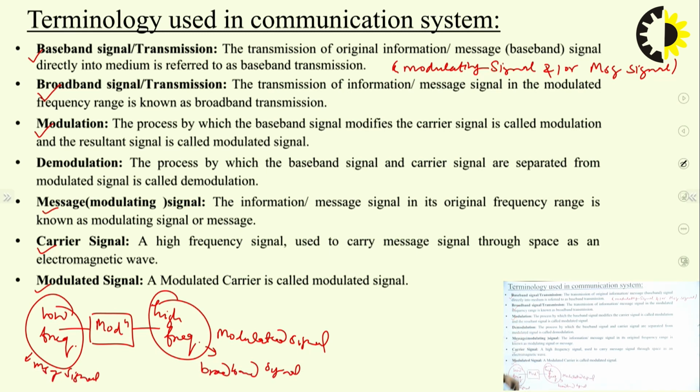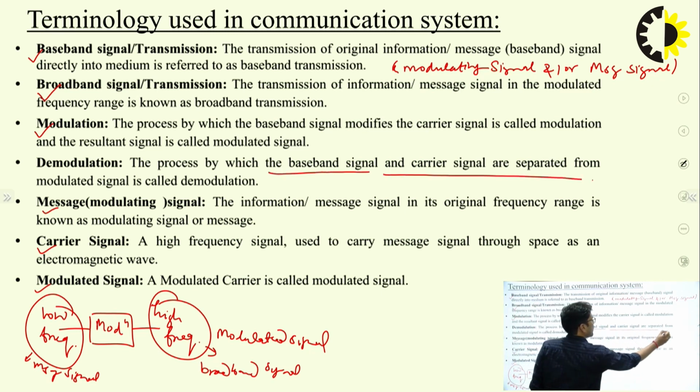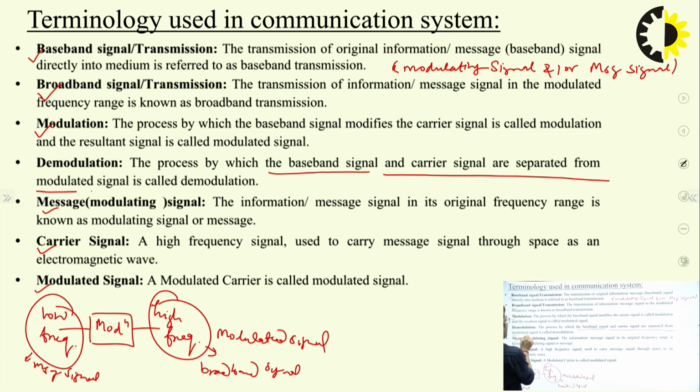And demodulation is just the opposite process of modulation, by which the baseband signal and the carrier signal are separated from the modulated signal. With the help of demodulation, you can get the actual physical signal by separating it from the carrier signal.